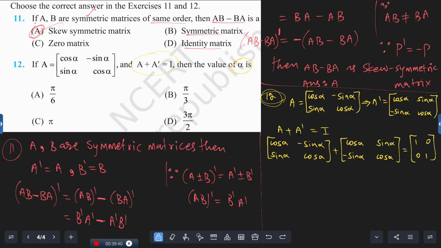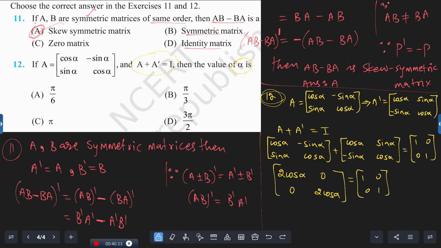A matrix is 2 by 2, so the identity matrix is also 2 by 2. When you add both, cos plus cos, 2 cos alpha; the minus sin plus sin is 0; again 0; and cos plus cos is 2 cos alpha.